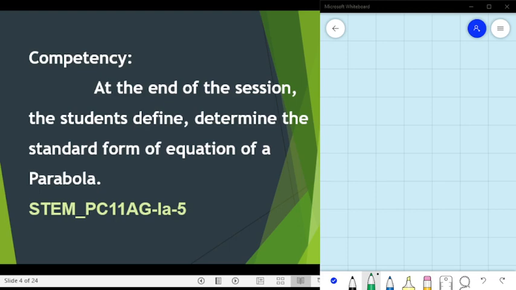The competency: at the end of the session, the students determine the standard form of equation of a parabola.